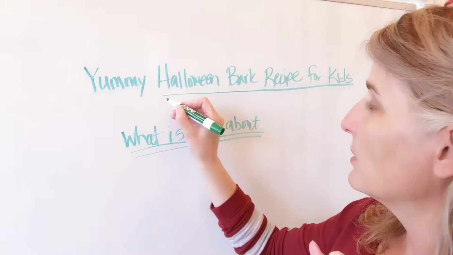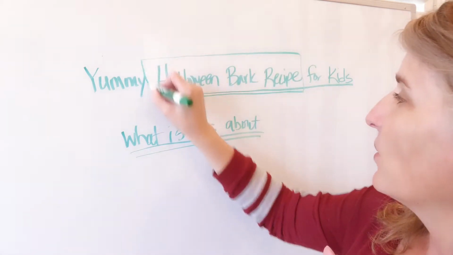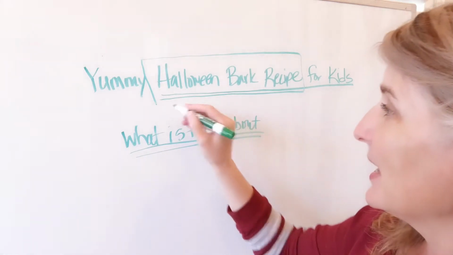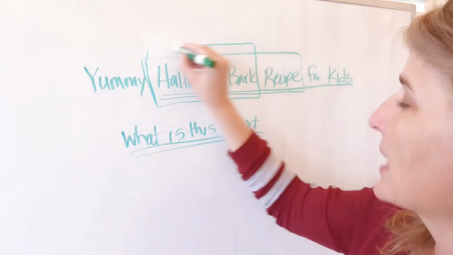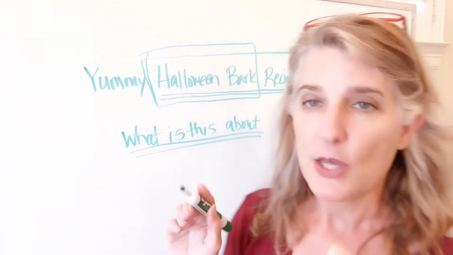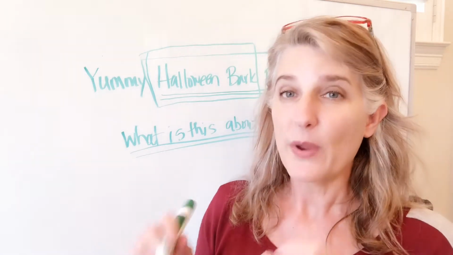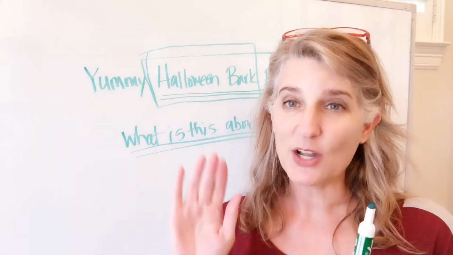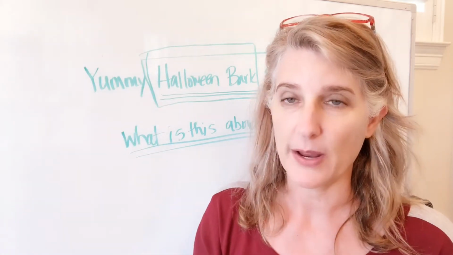Or how amazing would it be if someone typed in Halloween bark recipe? Or if someone found us when they were just typing in Halloween bark? So when we can control it ourselves, we generally want to try to go for that aspirational keyword phrase, to a certain point.